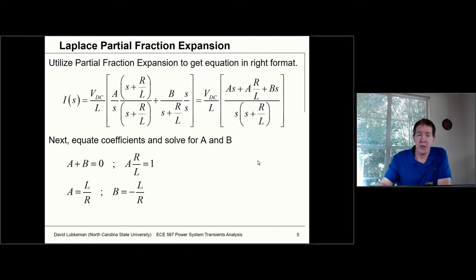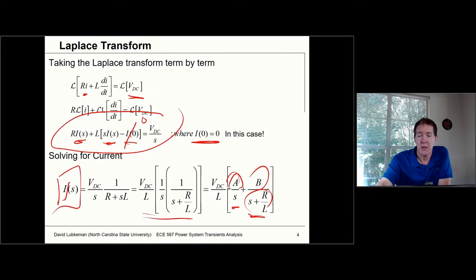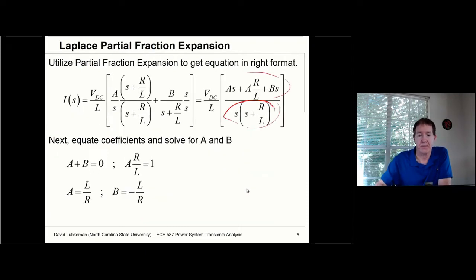Basically, I take this first term and multiply both the numerator and denominator by S plus R over L. For the second term, I'm going to multiply that by S over S. The reason I'm doing this is I want to get the same denominator, S times S plus R over L, but I want to have everything broken down in the numerator in terms of the coefficients A and B, which is what I want to solve for.